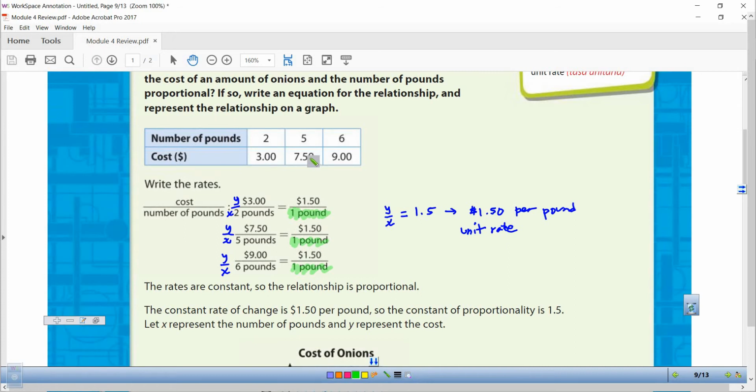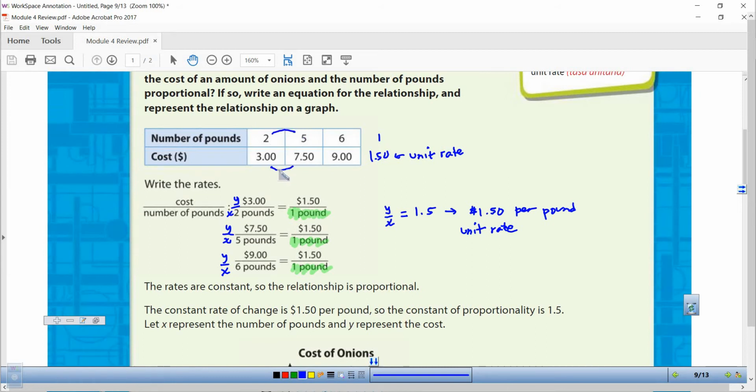You notice that one's 3, that's 750, that's 9, so it's not a unit rate. But on this table, if I were to put a 1 here, 1.5 would go down here, and that is my unit rate.